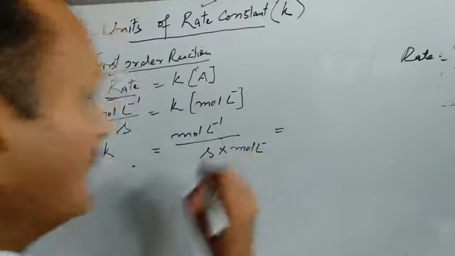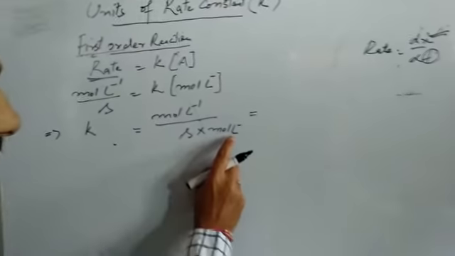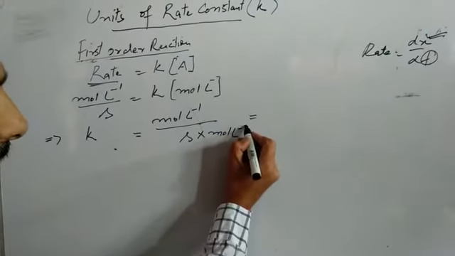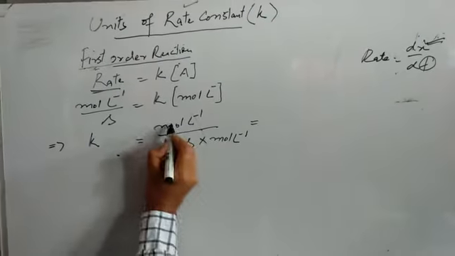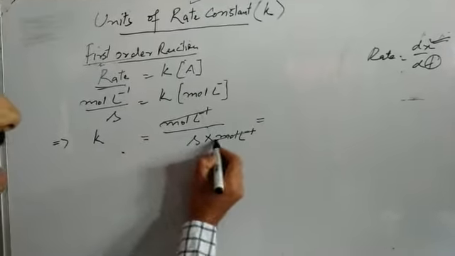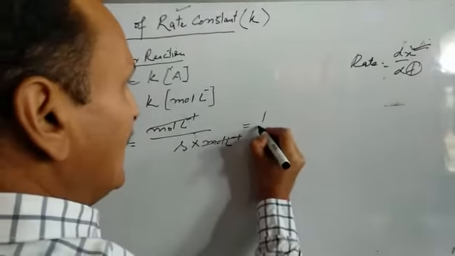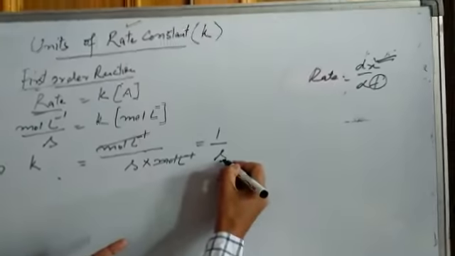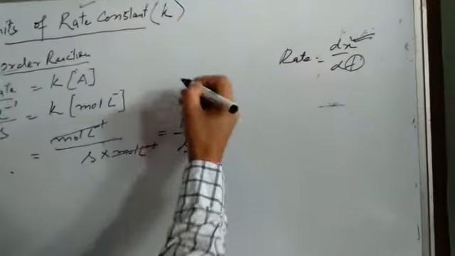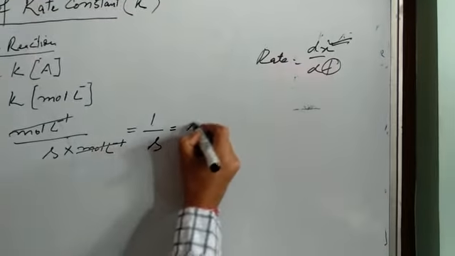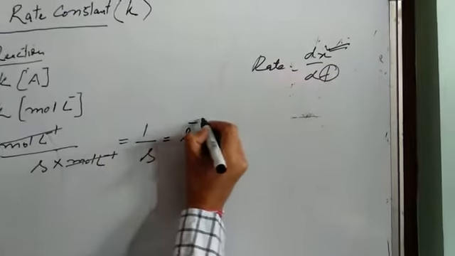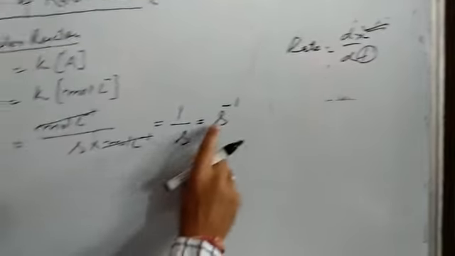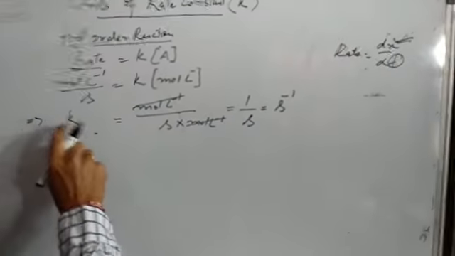Now this mole per liter and this mole per liter will get cancelled, so you will have 1 upon second. If you bring this second to the numerator, its power is 1, it will become -1. So the unit is per second. So the unit of K for a first order reaction is only per second.